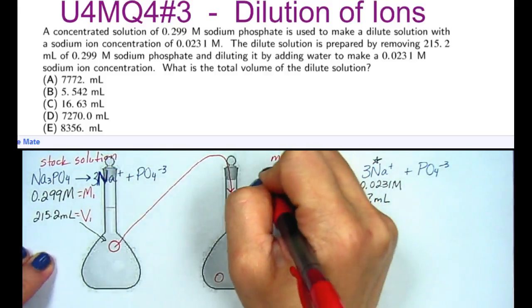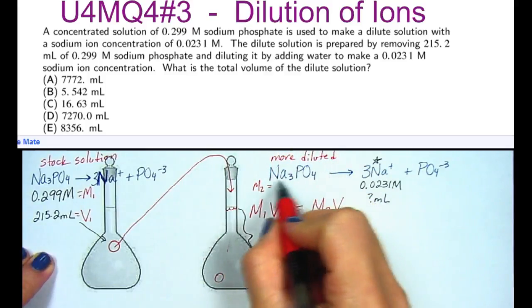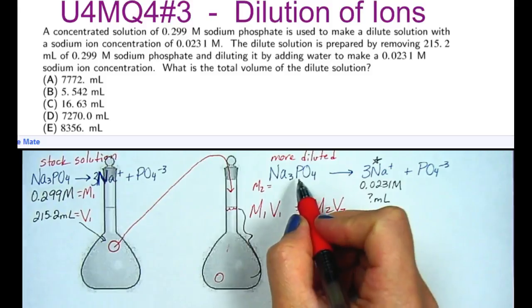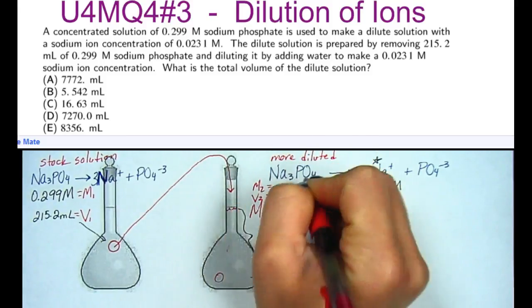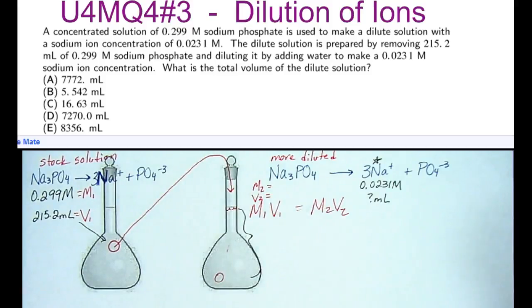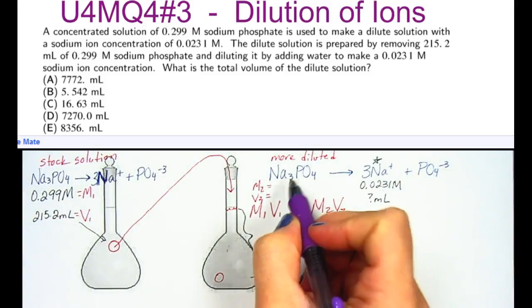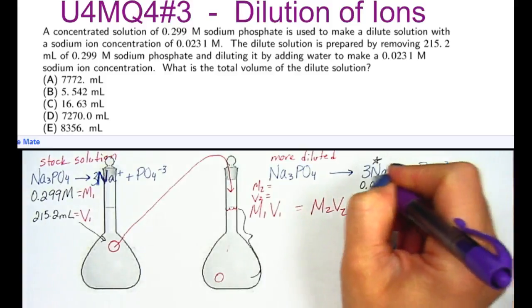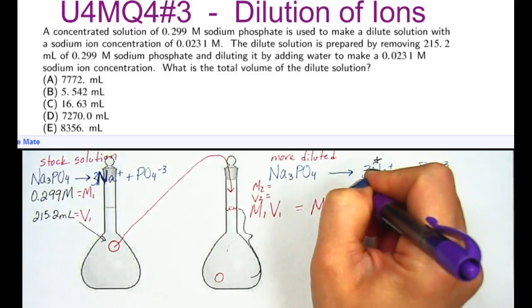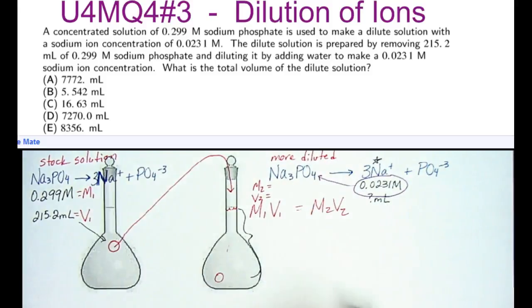I need to know what is the M2, the molarity of the sodium phosphate after it's been diluted, so that I can determine the new volume of the sodium phosphate after it's been diluted. But what we've been given is the concentration of the sodium ions, not the sodium phosphate. So first, I'm going to take this value and I'm going to convert it to the molarity of my sodium phosphate.